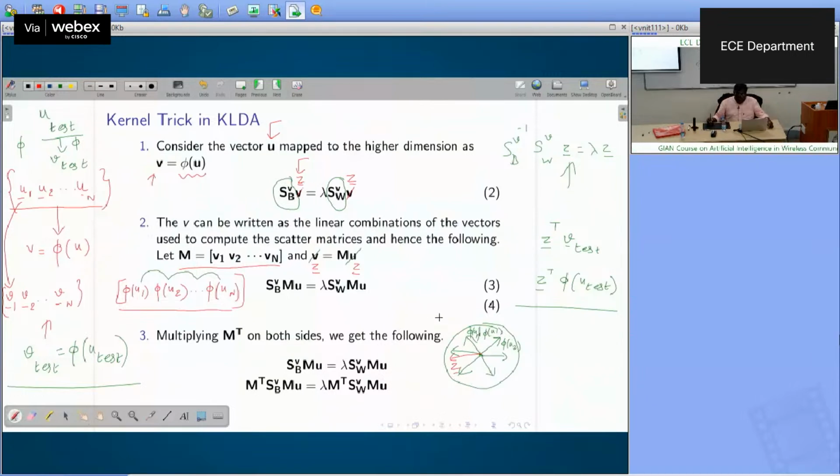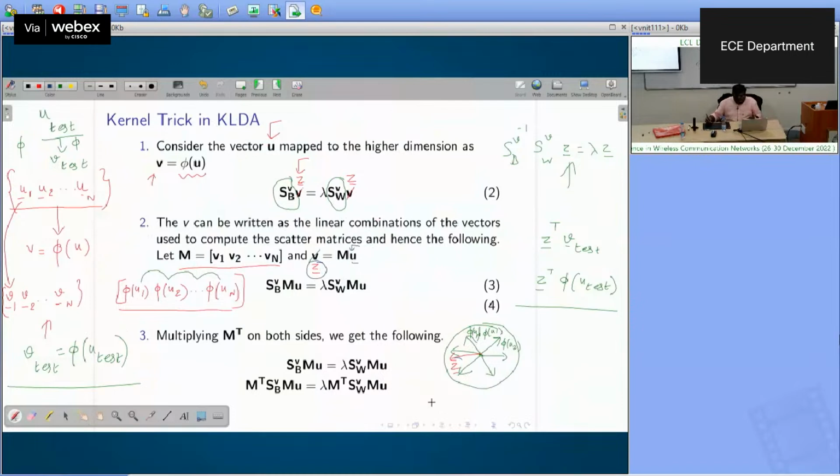What it means is there exists a vector called U that relates Z equal to MU. You got it? Z is the eigenvector in the higher dimensional space. The vector Z can be represented as a linear combination of these vectors, phi of U1, phi of U2, phi of U3 and so on.